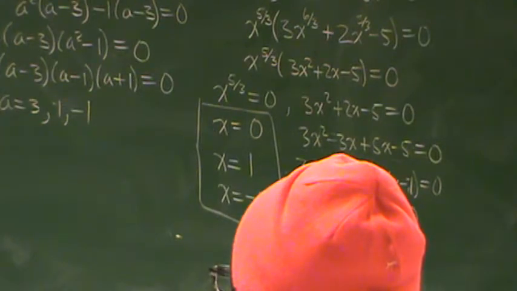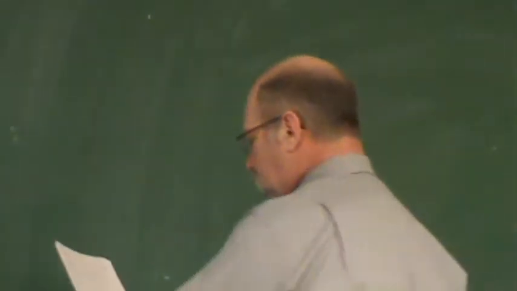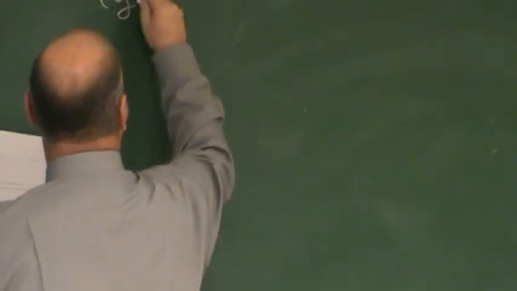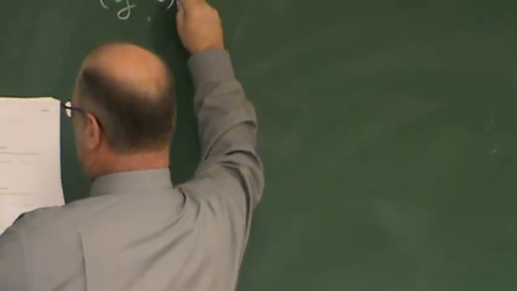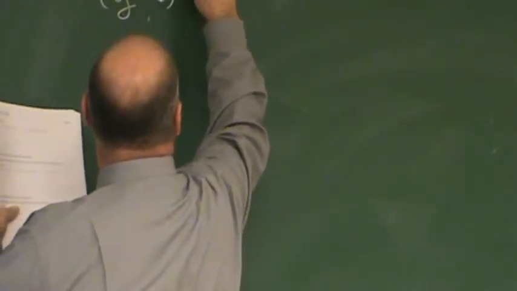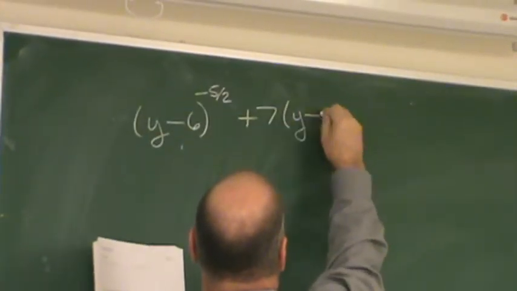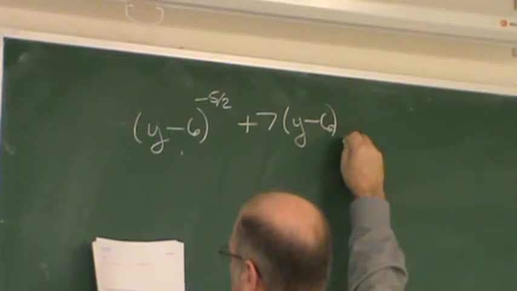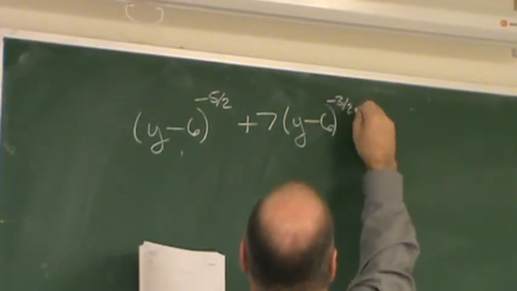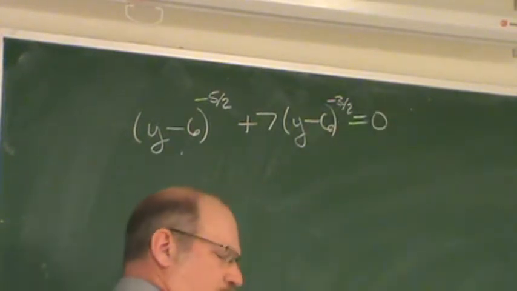I got one more for you today. I don't particularly care for this type of problem, but you're going to have one in your homework. y minus 6 to the negative 5 halves plus 7 times y minus 6 to the negative 3 halves equals 0.